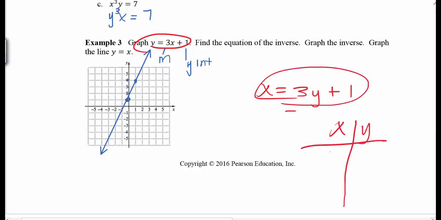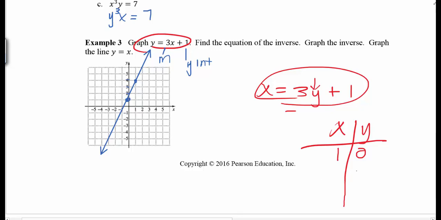In order to graph this, I'm going to use an xy chart. I'm going to choose some y's and see what I get for the x value, and then I'll just plot that point. So let's say I have a y value of 0. If I plug 0 in for y right here, that would be 3 times 0 plus 1. So whenever y is 0, x is 1.